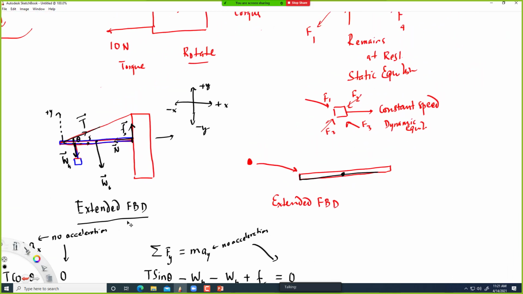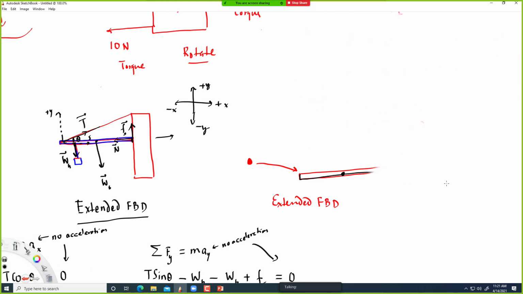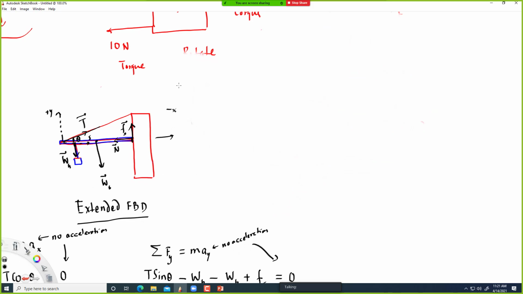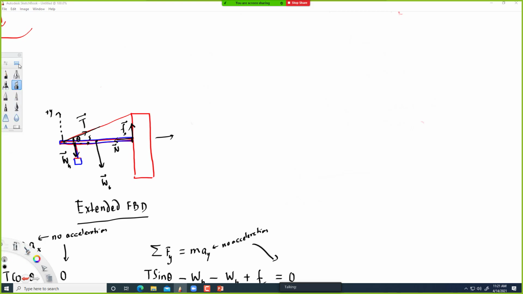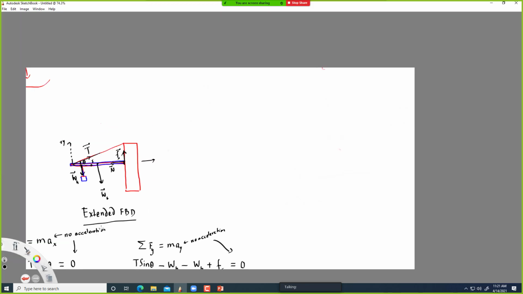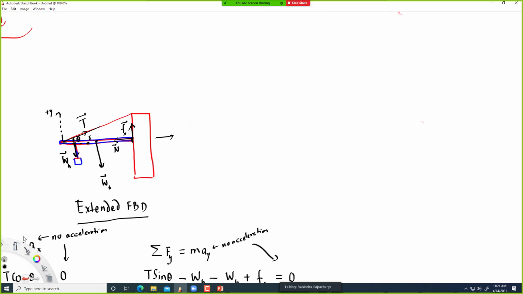Let me just erase that. To find torque, we first need to define a pivot or a fixed point.